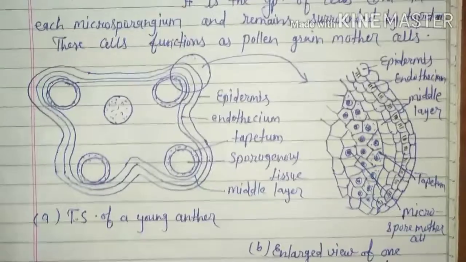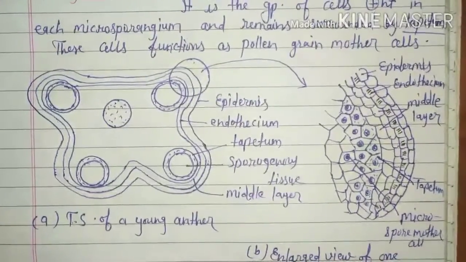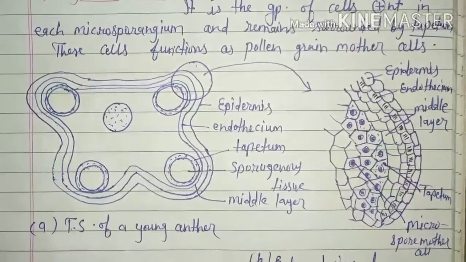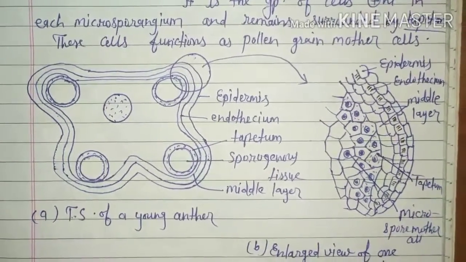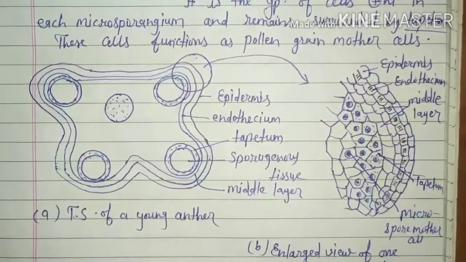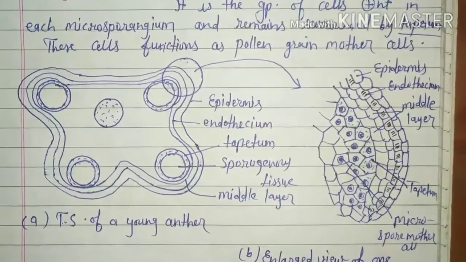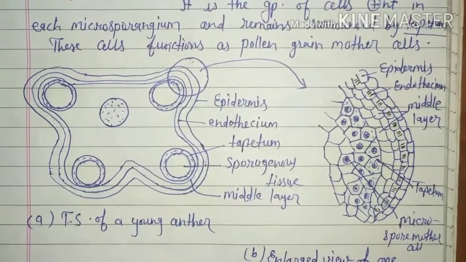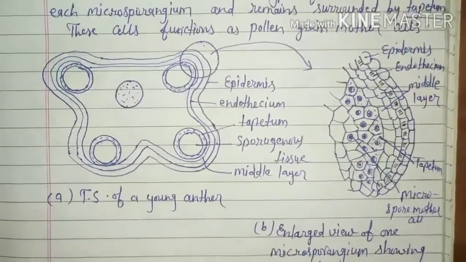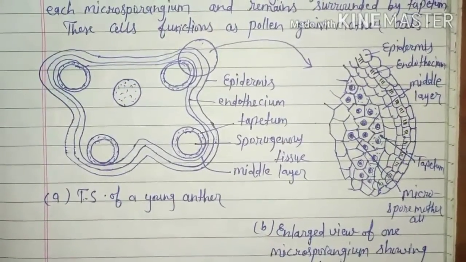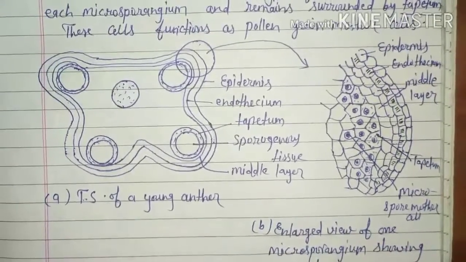Now, revise this topic. Before the pre-fertilization event, androecium is the male reproductive organ of a flower. Stamen is the individual unit of androecium.